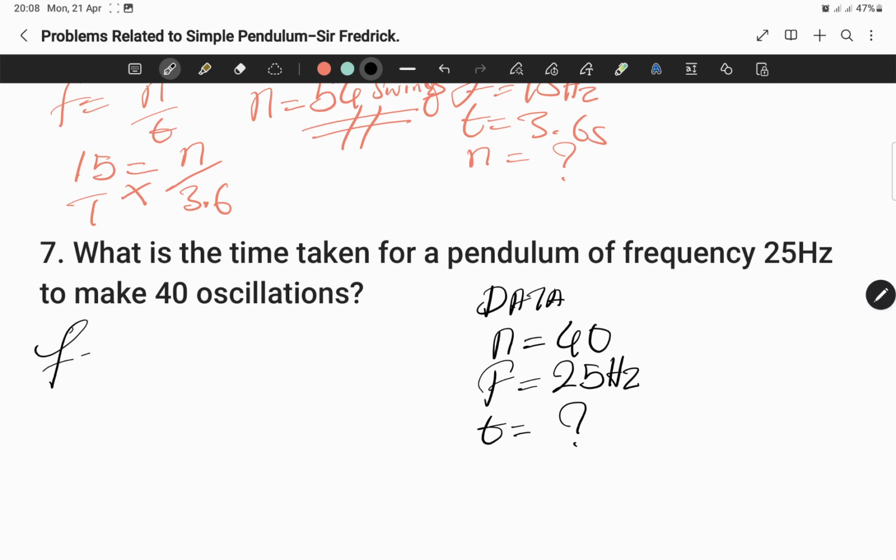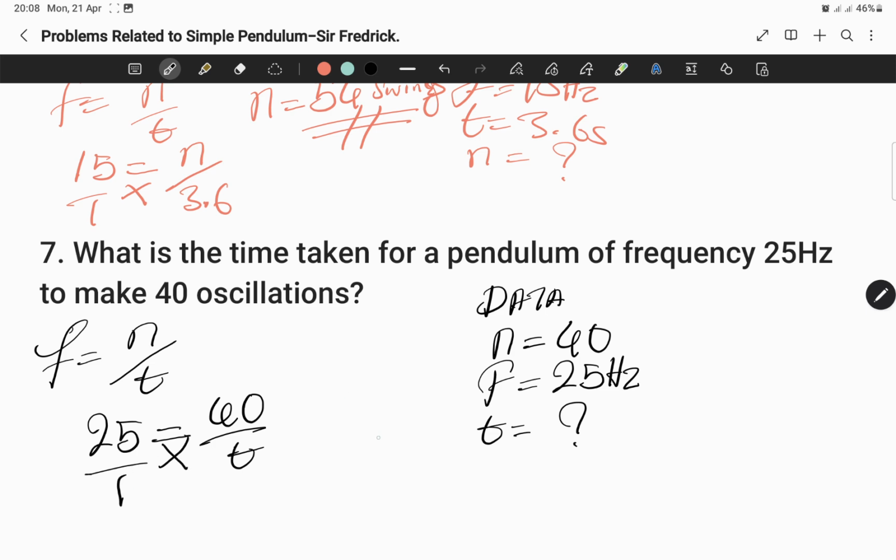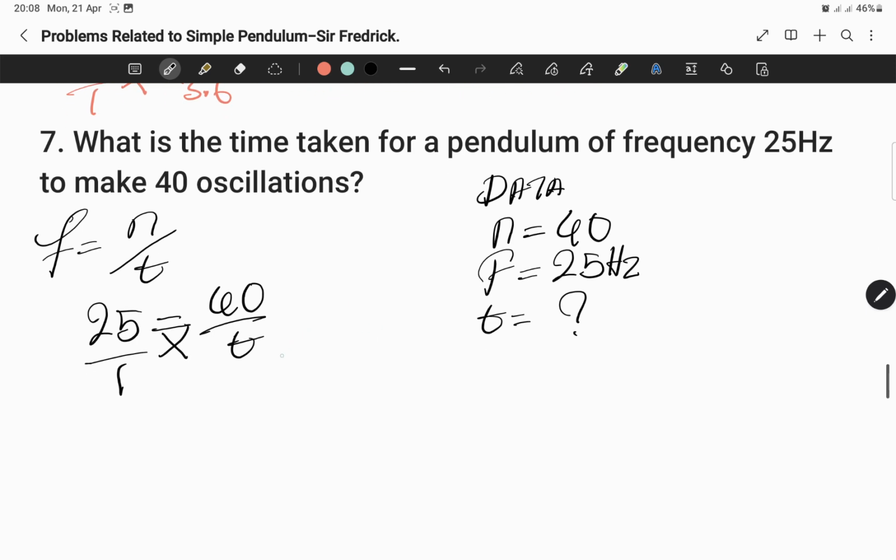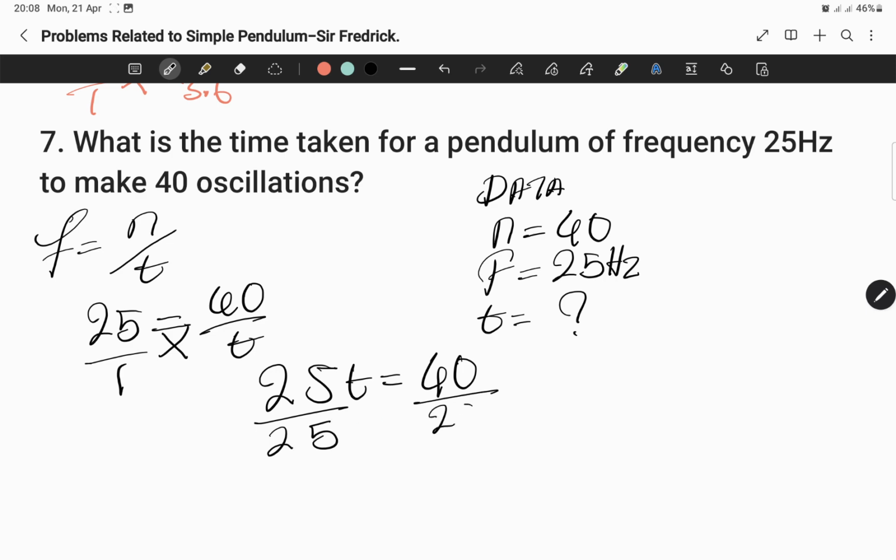So frequency is number of oscillation over time. So 25 Hz is equal to that. Oops, let me correct that one. 40 over time. Cross multiplication. That will give me 25t, then 1 times 40 is going to give me 40. So I want to remain with time, so I'll divide both sides by 25.